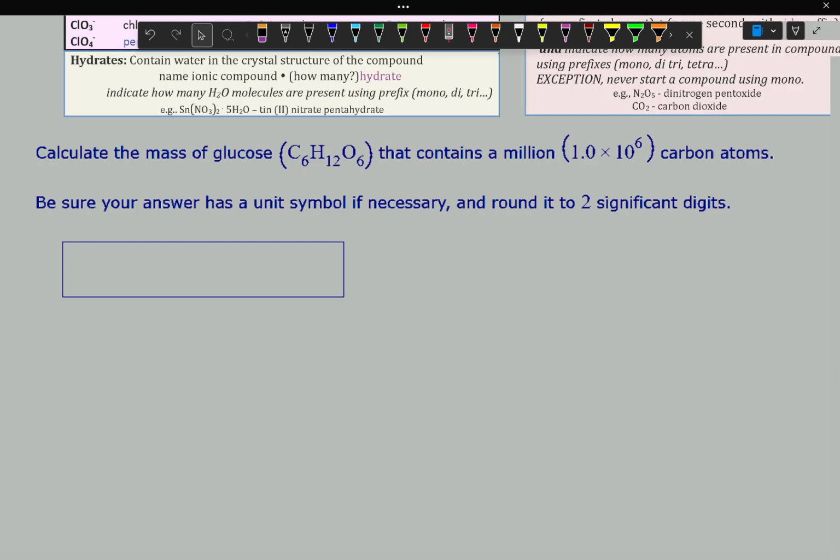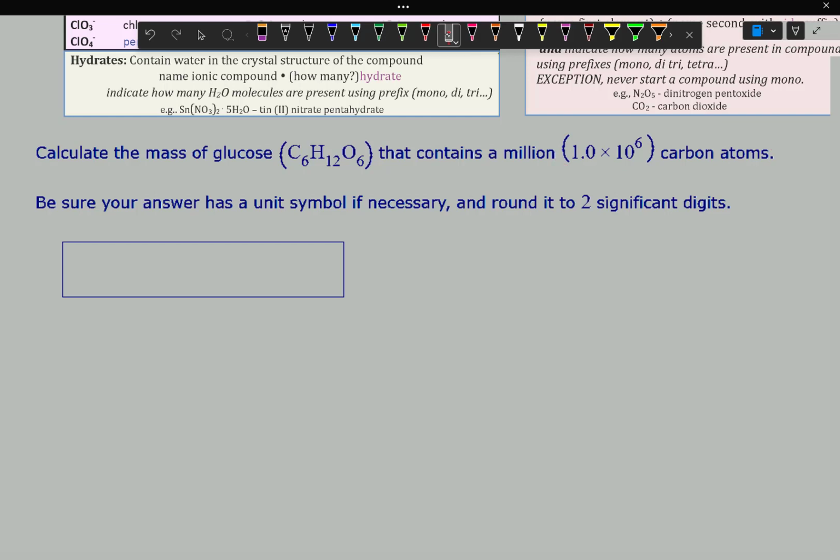So we're given a mass, we're given that we have glucose, and we want to find the mass of the glucose compound that contains 1 times 10 to the 6 carbon atoms.